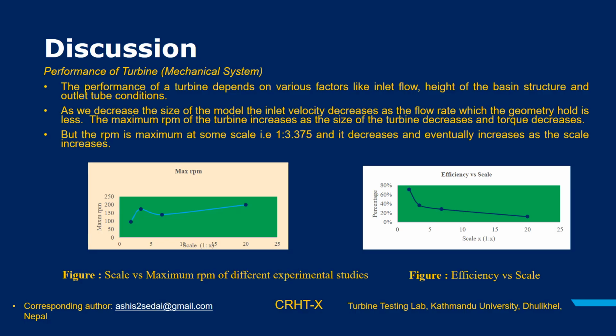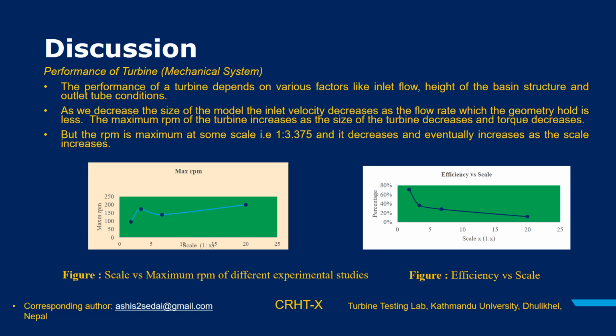So, after the computational and experimental investigation on the scale down model of the gravitational water vortex power plant, we came to some conclusions, and we are presenting those conclusions as part of the discussion in this section. Starting with the performance of the turbine mechanical system, on the right side of the presentation slide, we can see the graph between percentage of efficiency versus scale.